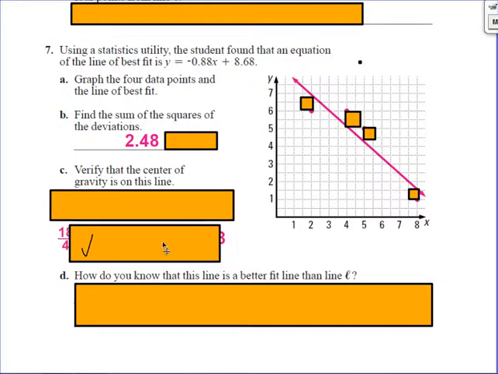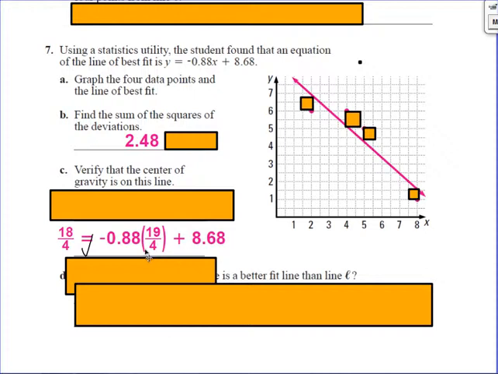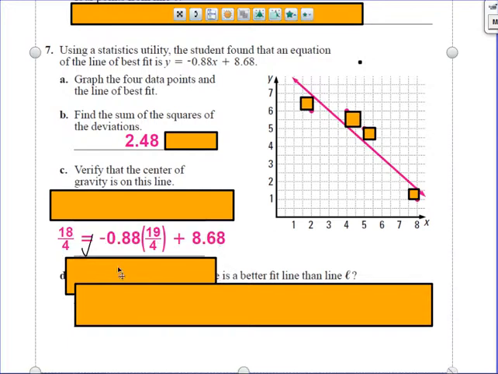So when we plug 19/4 in for x, multiply by negative 88/100 and add 8.68, we get 18/4. So this does work. It satisfies the equation, so it's on the line. So the center of gravity is on the line of best fit.